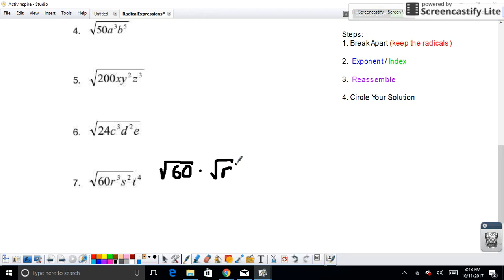Keep up with the radicals, people, super important. All that's under radical. And we've got s to the second power. That's going to go under radical. So we've got s to the second power, and then t to the fourth power.